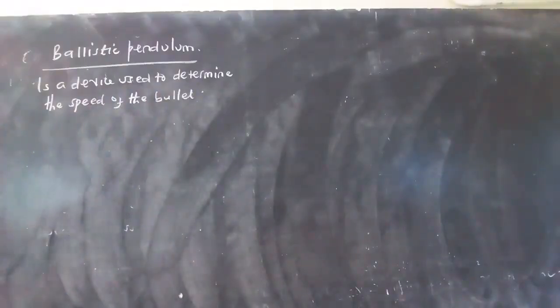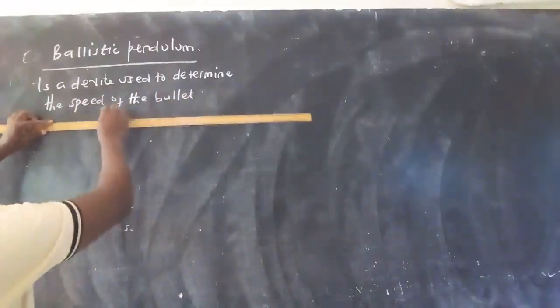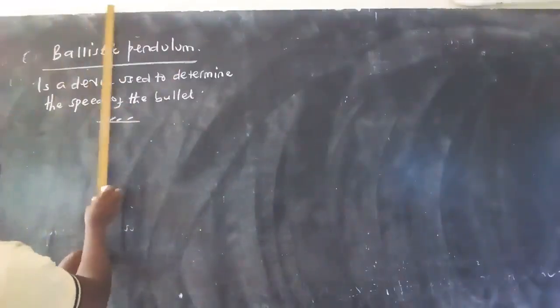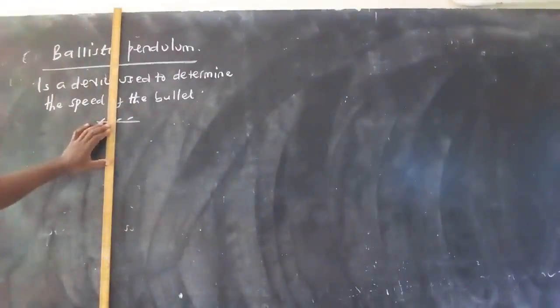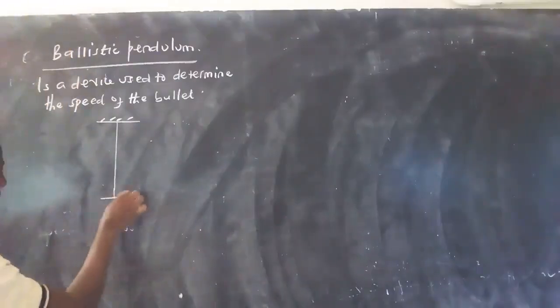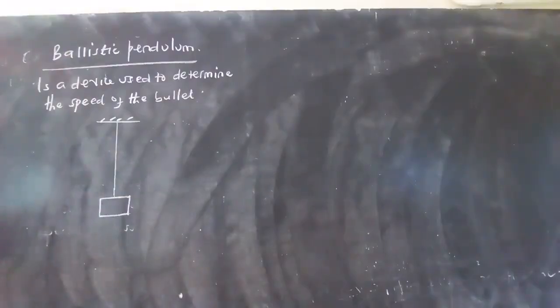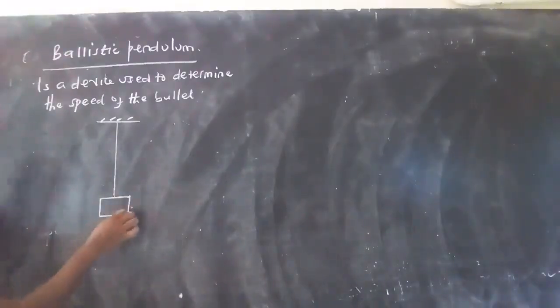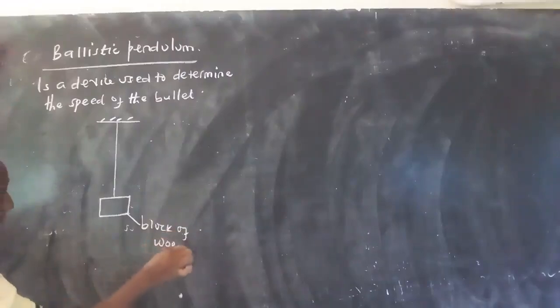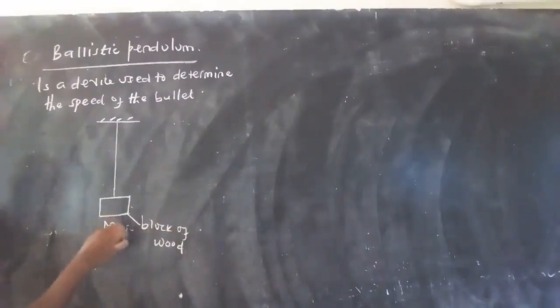So let us consider, let me say, this is the suspension, and here initially there was a block of wood of mass capital M.